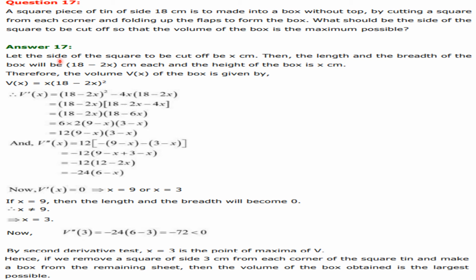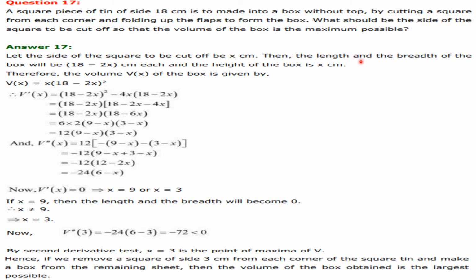Right. Come to the solution part. Let the side of the square to be cut off be x centimeters. We have cut x centimeters square from the four corners of the piece of tin. Okay, my children.